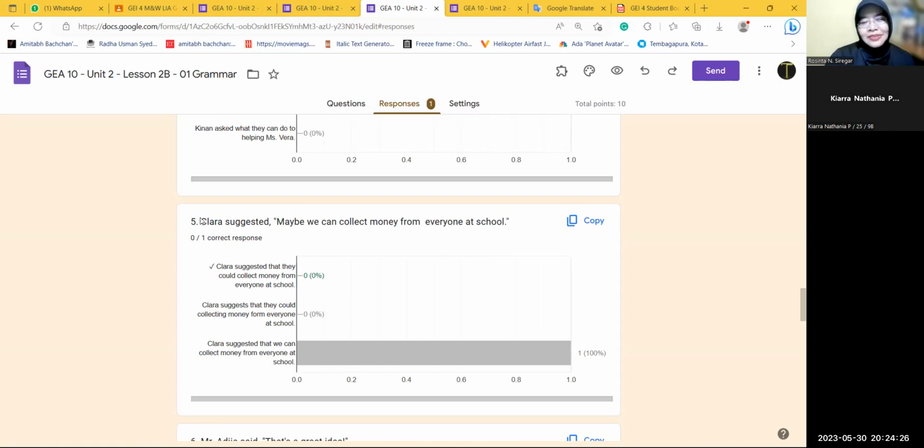How do you make this into past perfect? Past verb into past perfect. The clock could have chimed every 15 minutes. There you go. So Miss Tati said that the clock could have chimed every 15 minutes.